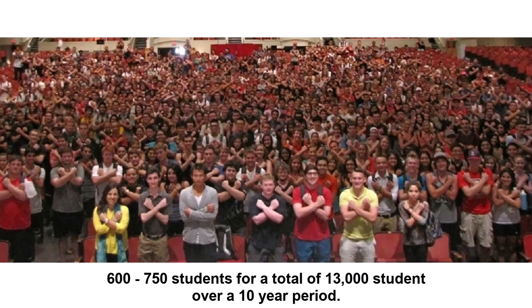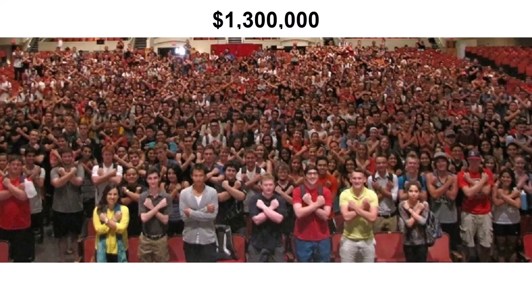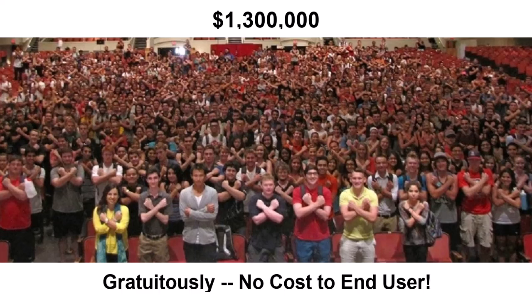From 2007 to 2016, that 10-year period of time, I was able to save my students $1.3 million by not having to purchase a textbook, but instead using my e-textbook gratuitously, in other words, at no cost to them, during my 10 years of teaching at the University of Arizona.